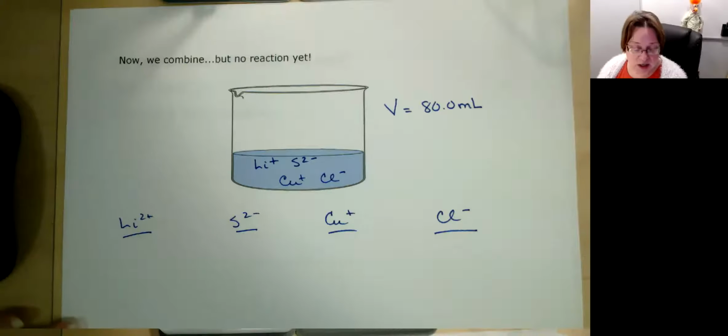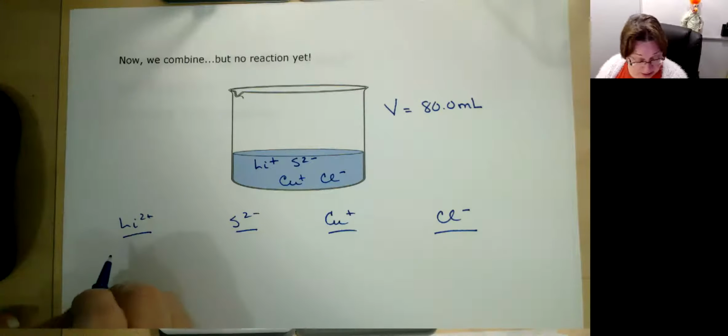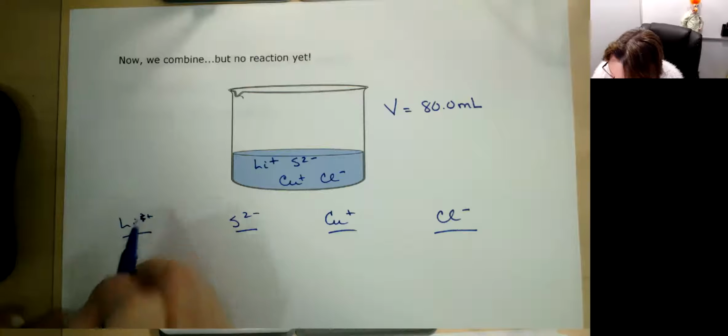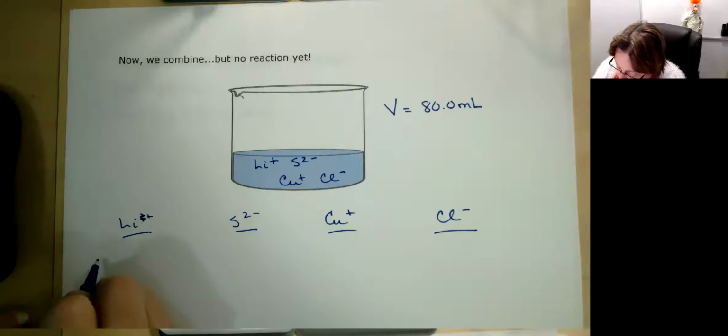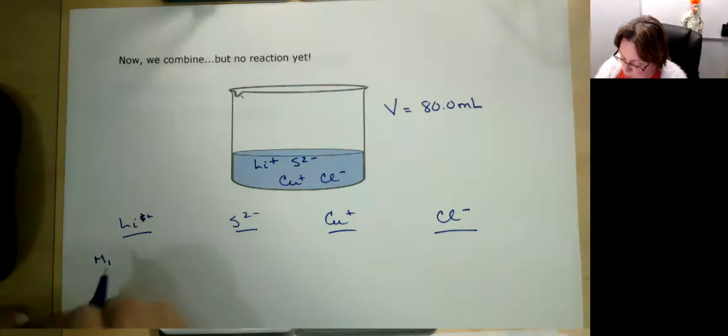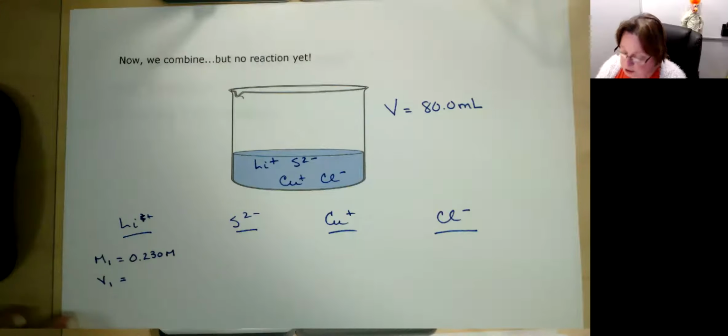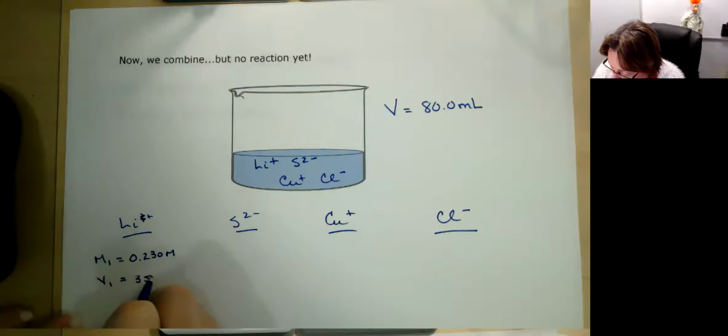So for example, our lithium 1+ ion. Its M1 was originally 0.230 molar. Its original volume was what it was when we picked it up off the shelf, 35.0 milliliters.